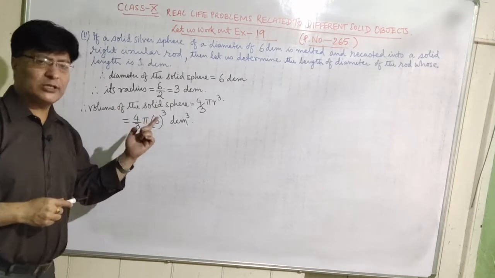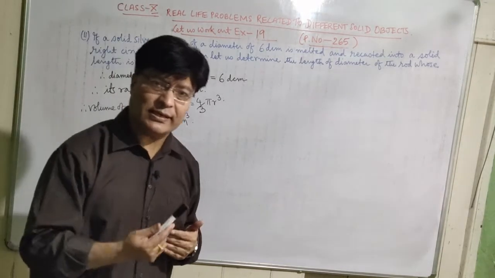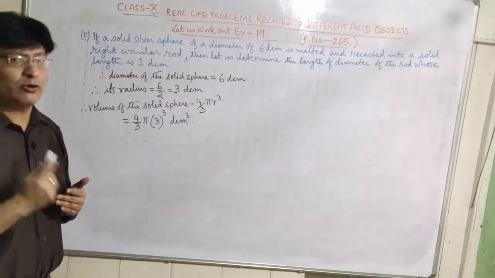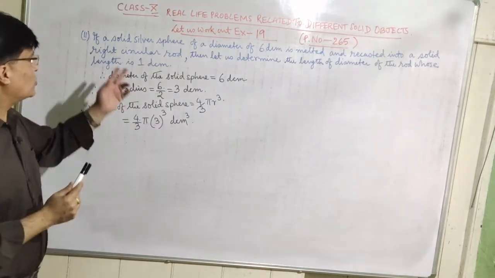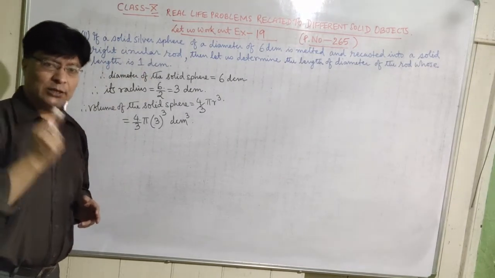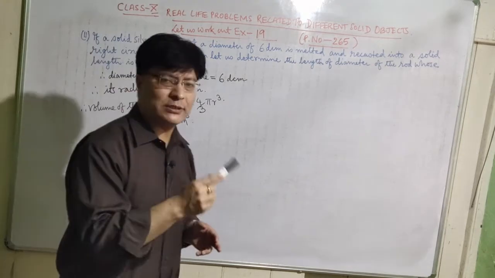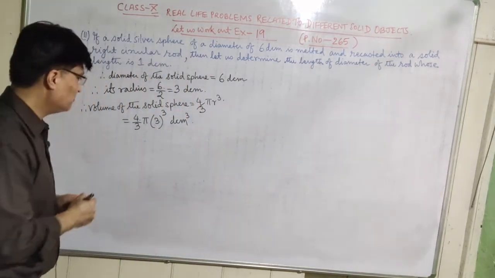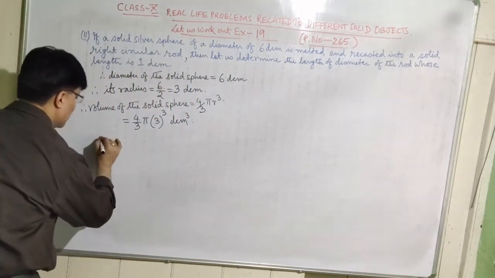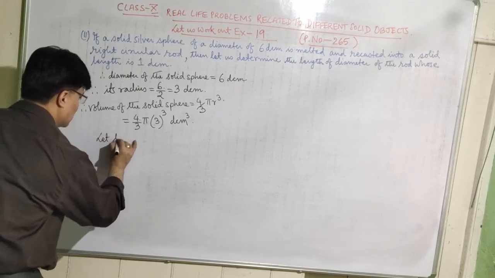Now this same solid sphere is being melted and it is recasted into a right circular cylindrical rod whose length is 1 decimeter, and you have to find out the length of the diameter of the rod. Okay, so first of all let us assume the radius of the rod.